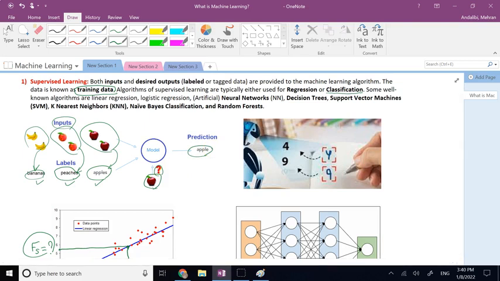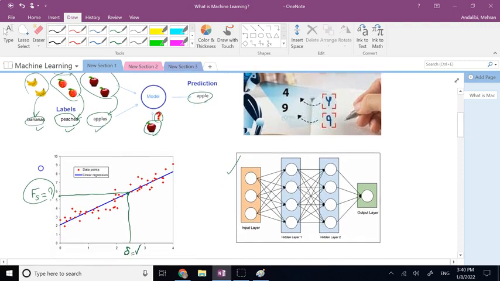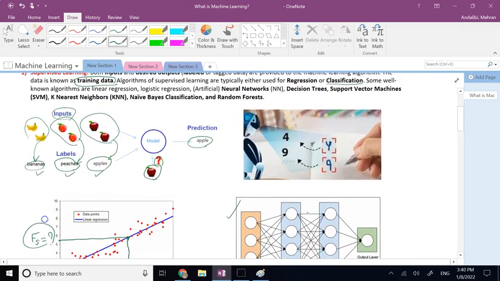How? There are different ways to do it. One of them that we are going to see is artificial neural networks, which is a very big topic in machine learning, especially the new side of it, deep learning, which we'll discuss in future videos.